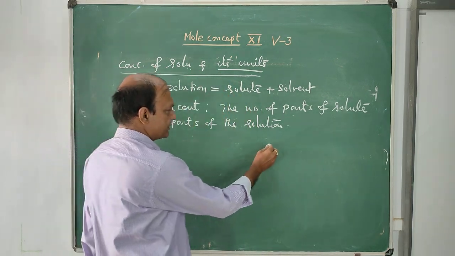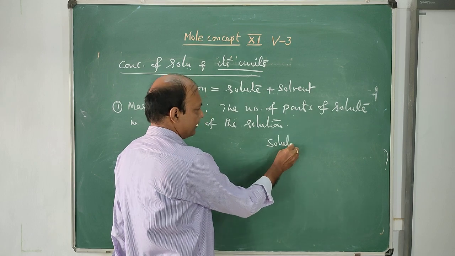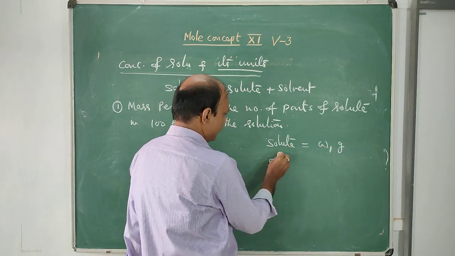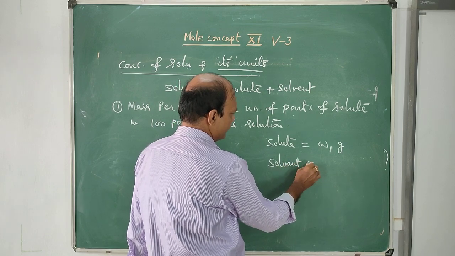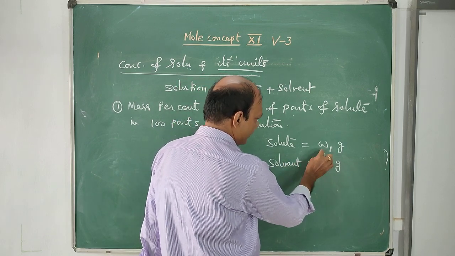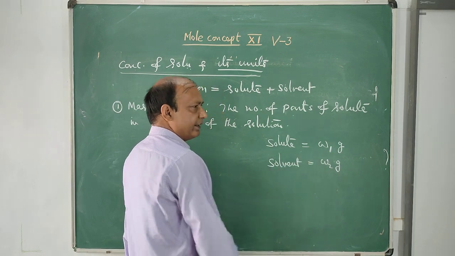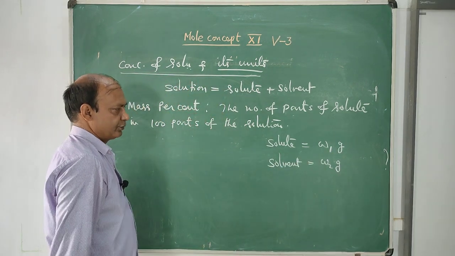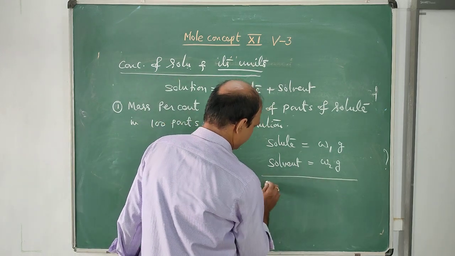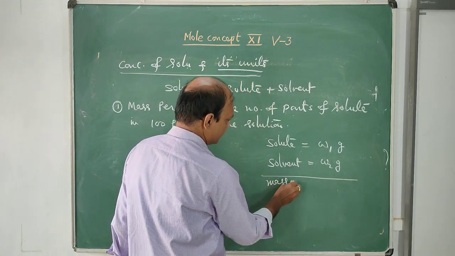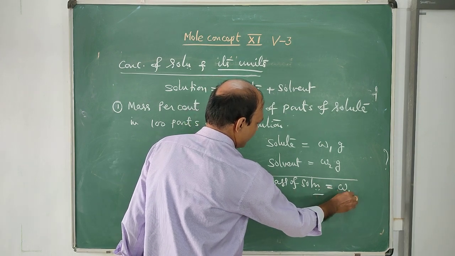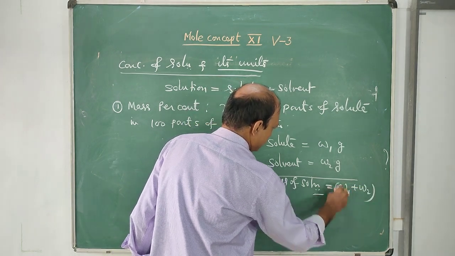To understand mass percent, let us consider the amount of solute is W1 gram, amount of solvent is W2 gram. That means W1 gram solute is dissolved in W2 gram solvent to prepare the solution. Therefore, the mass of solution equals W1 plus W2 gram.